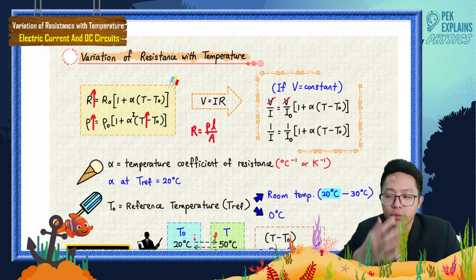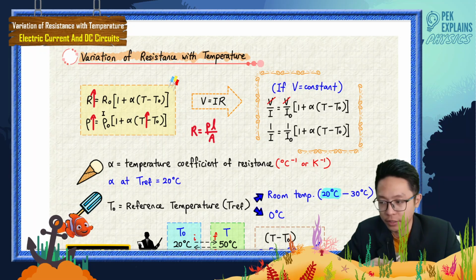So sometimes the questions tell you about the changes of resistance when the temperature changes. But sometimes the question doesn't tell you about the changes of resistance. It tells you about the changes of current. We can also talk about the changes of current, because when resistance changes, the current surely changes in the circuit.